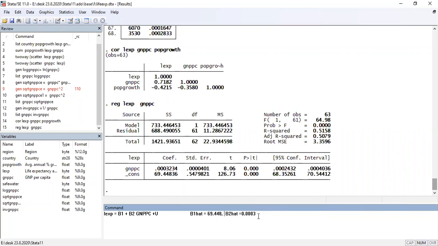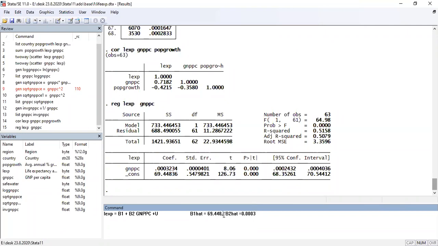Professor, if GNP per capita increases by 1 unit, then life expectancy on average increases by 0.003 unit.